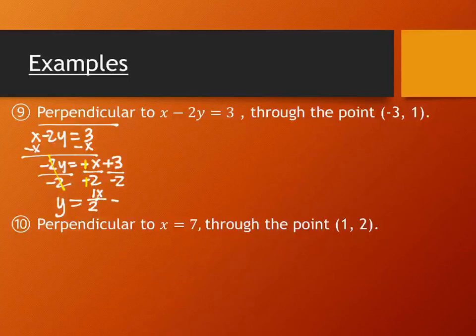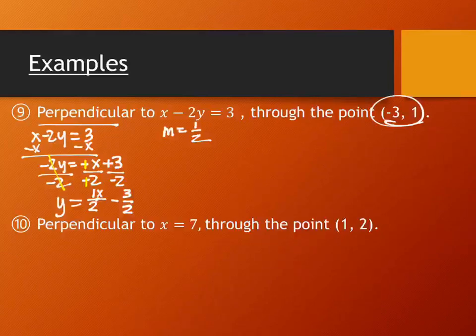The last piece, again rather irrelevant for the moment, is negative 3/2. So is it 1/2 x? Like we need the x there. Well, you need the x there in the equation, but the x itself is not part of the slope. The slope is 1/2. So when I identify my slope here in a moment, it's just a number, 1/2. And I have an ordered pair over here, negative 3, 1.